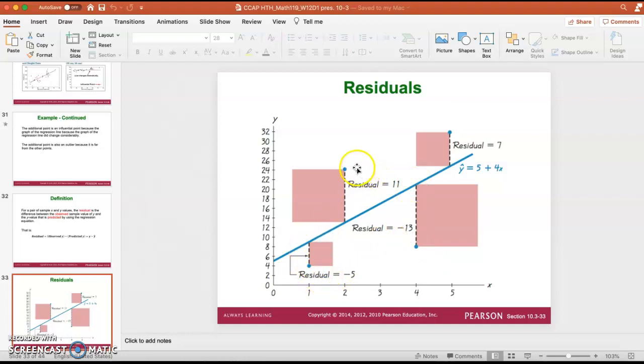Again, notice to get the residual, it's always the actual point minus the predicted point that would be on the line. And so because this point is above the line here, the residual is positive. Because these points are both below the line, this actual point minus this predicted point on the line, that difference would be negative.